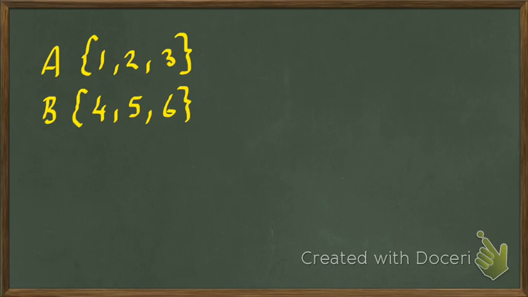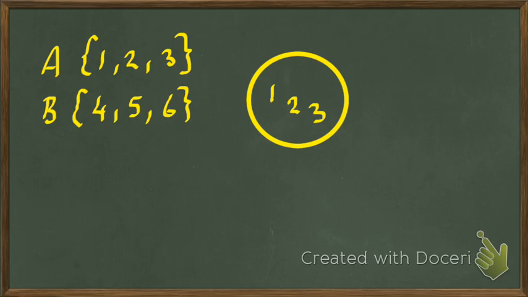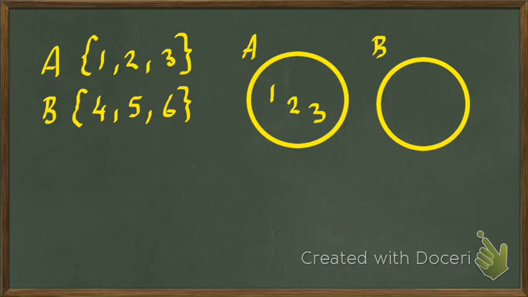Just one special case, if you like, of this is if I've got the set A, which contains the numbers 1, 2 and 3, and I've got the second set which contains the elements 4, 5 and 6, then you can see that A and B, the intersection of A and B, doesn't exist.